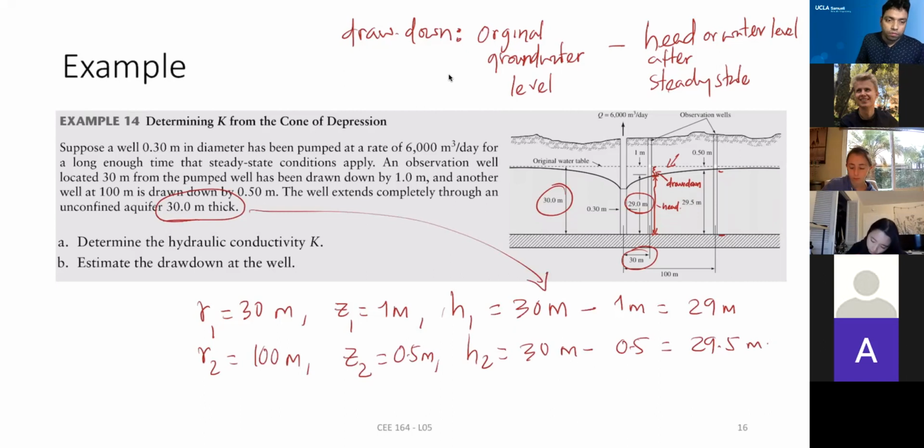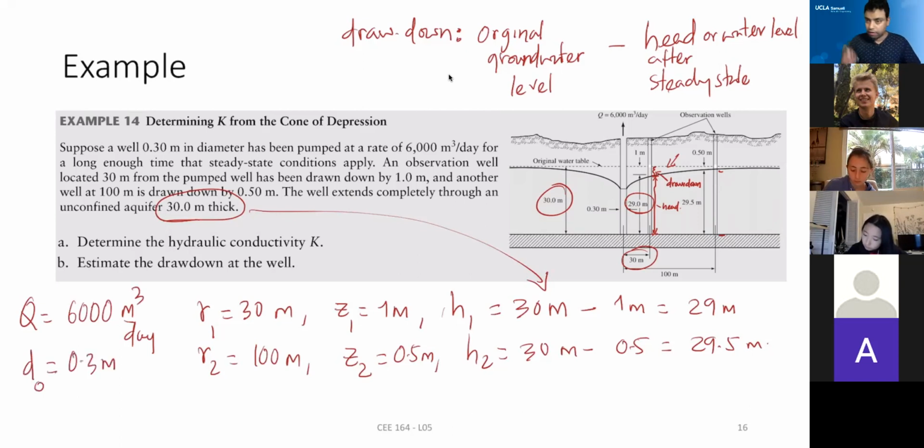It also gives you Q, the flow rate in the pumping well, which is 6,000 meter cube per day. And the diameter of the extraction well, let's say D0, is 0.3 meter.